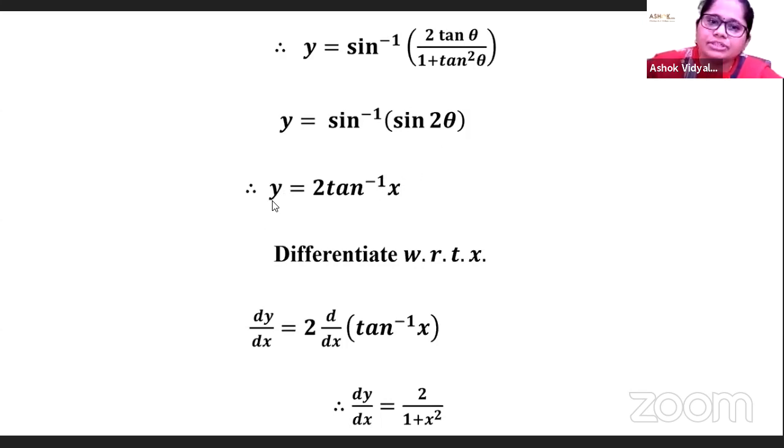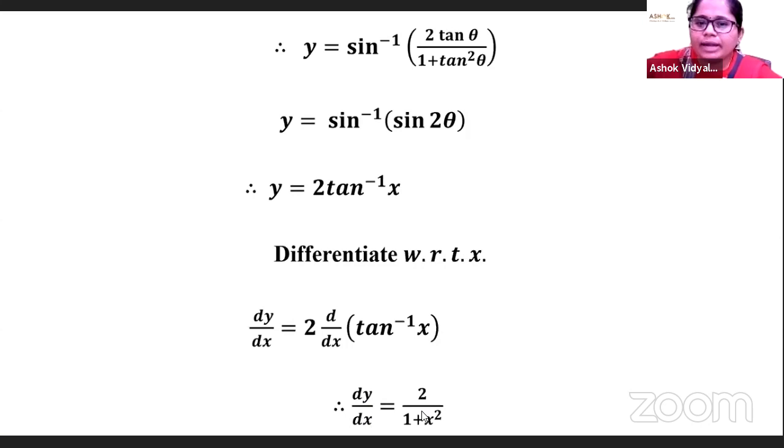Hence, our function y is 2θ, and we put θ = tan⁻¹x. Hence, y = 2 tan⁻¹x, and differentiating y with respect to x, we get dy/dx equal to 2 times the derivative of tan⁻¹x with respect to x, and we know that the derivative of tan⁻¹x is 1/(1 + x²).